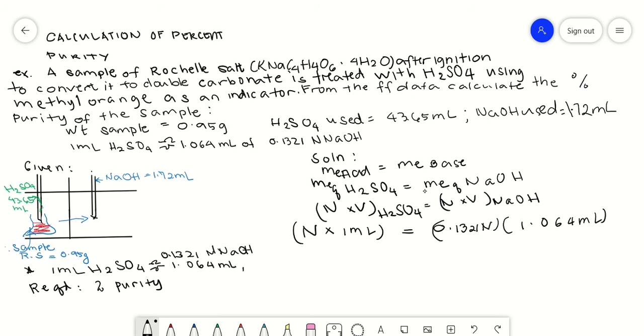So the unit for normality is milliequivalents per ml. The ml and ml will cancel and you have a milliequivalent. So the normality of sulfuric acid would be equal to 0.1406 normal. So we can now use this data in solving for the percentage purity.